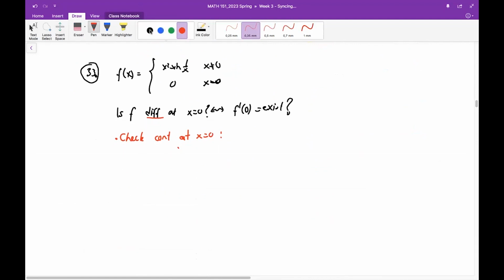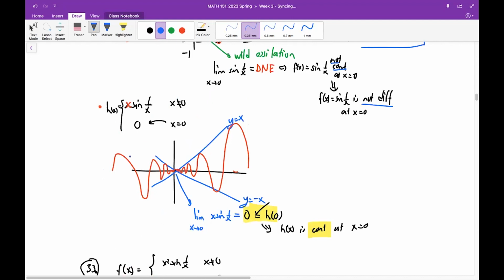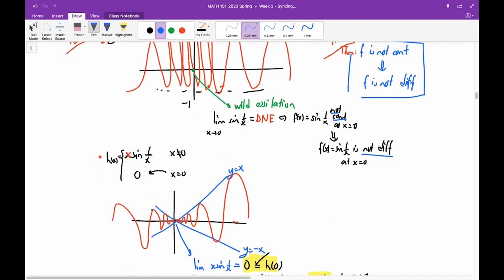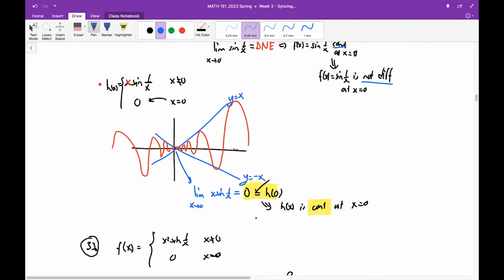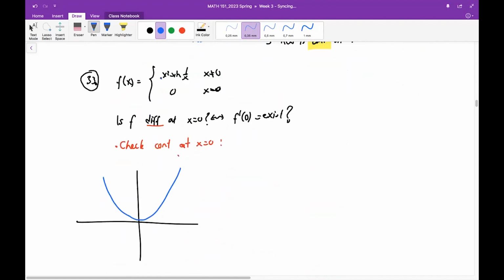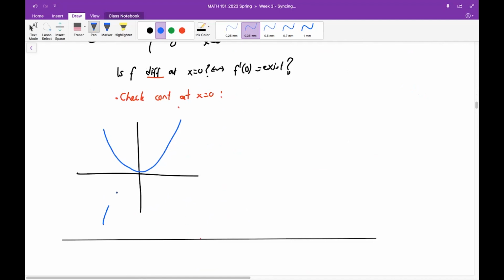Let me again use some geometric arguments to show you that the limit exists and is 0. Instead of multiplying with x, which affects the graph by bounding the curve between the line y equals x and y equals minus x, now we are multiplying with x squared. That's why the curve will be bounded between these two curves, y equals x squared and y equals minus x squared. Now, here is the graph.